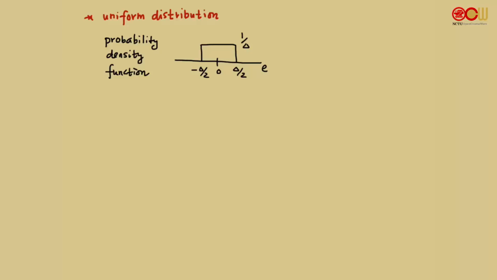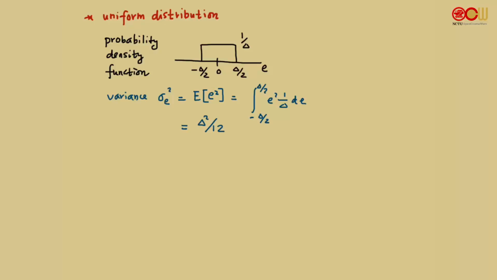In this case, the variance of e will be, because it has a zero mean, equal to its mean square, and it's equal to the integral of e squared times 1 over delta de from minus delta over 2 to delta over 2. If we carry out the computation, this is equal to delta squared over 12.